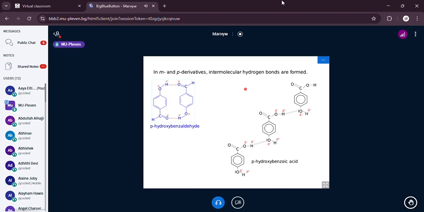In such cases, they can only form intermolecular hydrogen bonding, which can be shown and realized between molecules of para-hydroxybenzaldehyde in this way. Hydrogen bonding in hydroxybenzoic acid can be shown in this way.